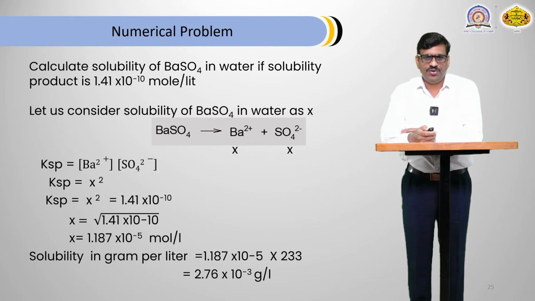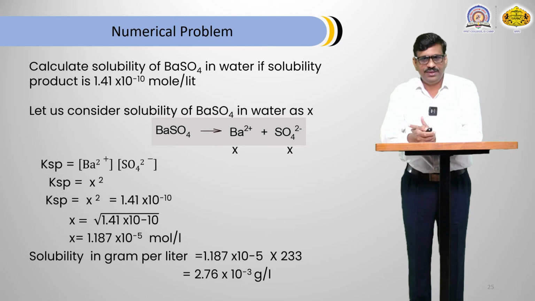If we take the square root of this figure, we get the answer X is equal to 1.187 into 10 raised to minus 5 mole per liter. Hence, we are able to find out solubility of the salt if solubility product is given.